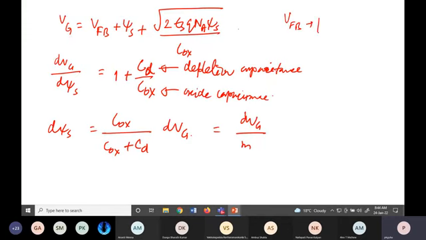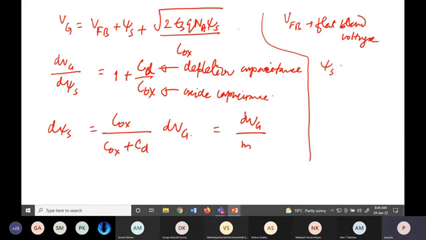You remember? At flat band, there are different conditions. At flat band, psi s equals 0, but when psi s equals psi b, then n is not equal to ni.